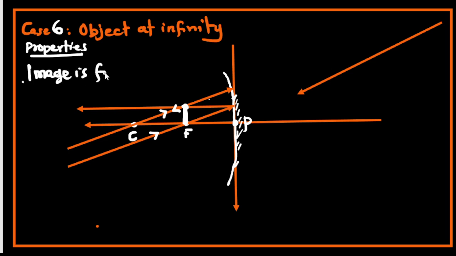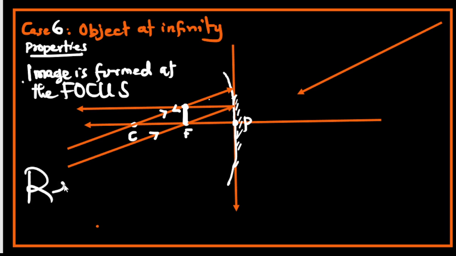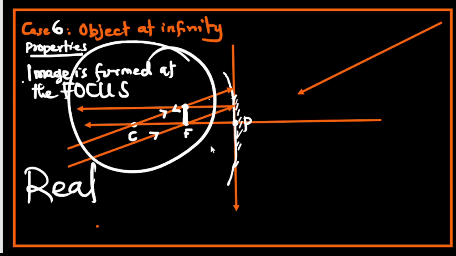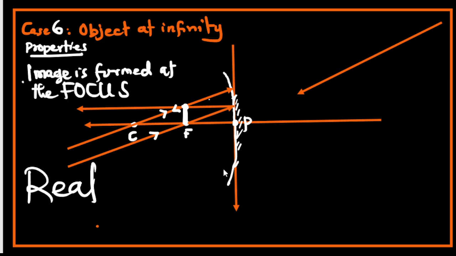So which means the image is formed at the focus. Now, in terms of nature, we can tell that the image is also real. Are you there? Because as an observer you are going to stand on the left hand side of the mirror, so the image is real.